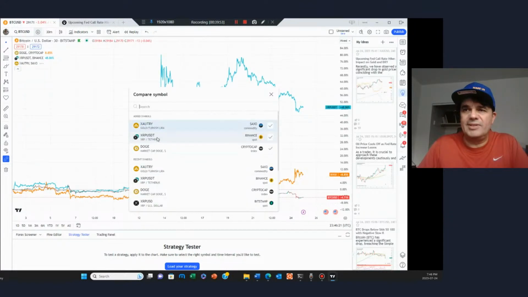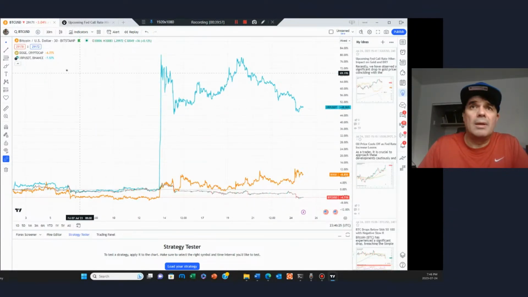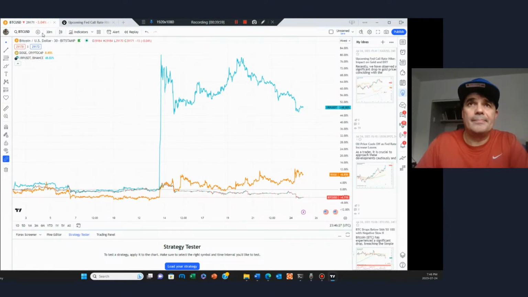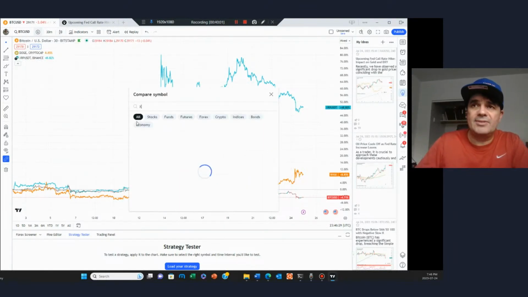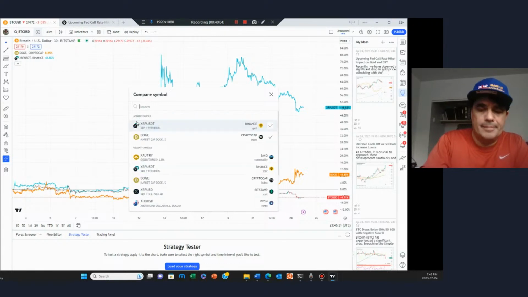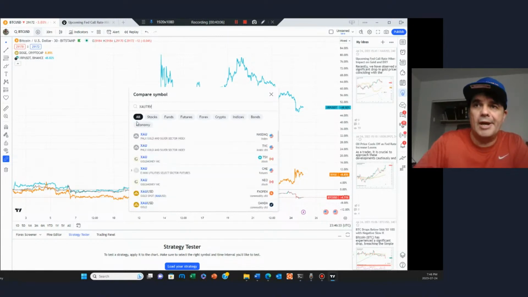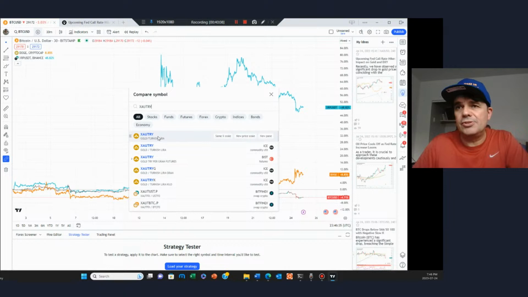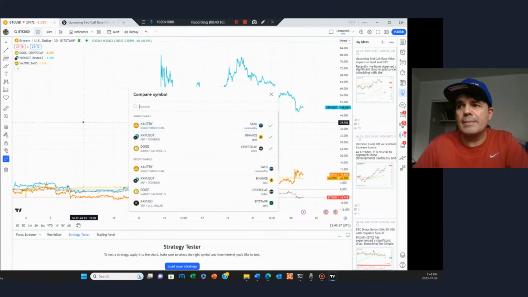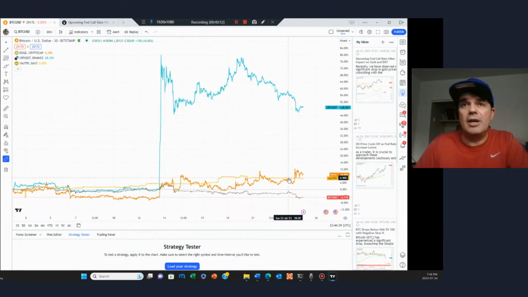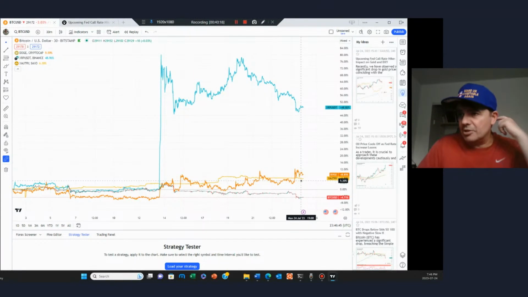This is pretty shocking to see. Didn't take. Hang on here. XAU TRY, so we'll choose this one. So you can see there, I believe orange is gold and Turkish lira.